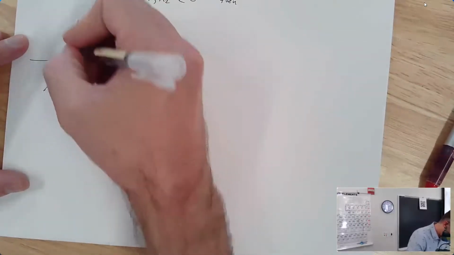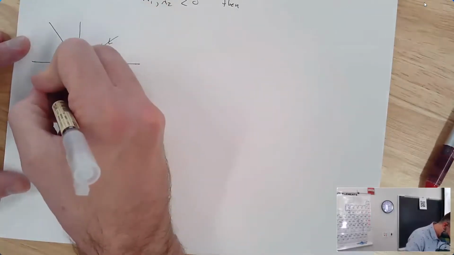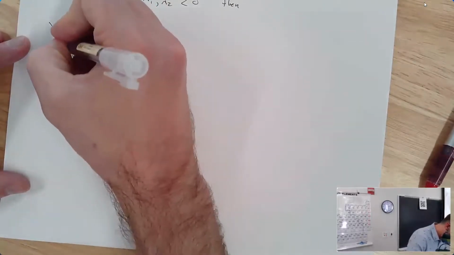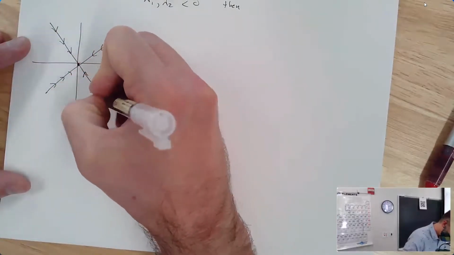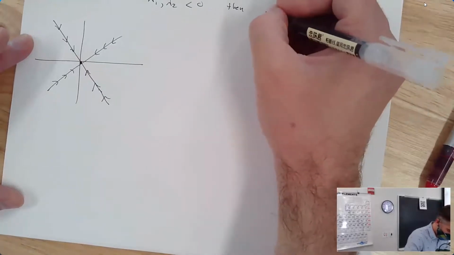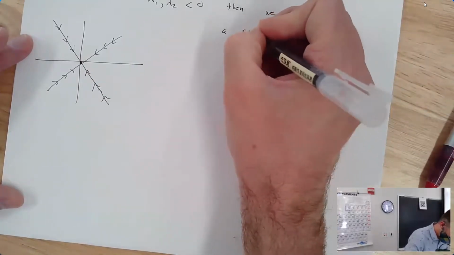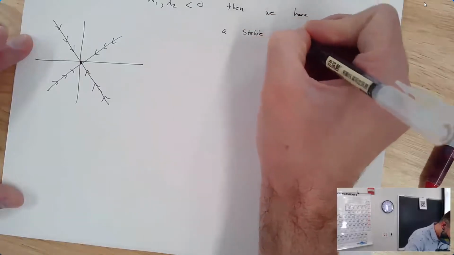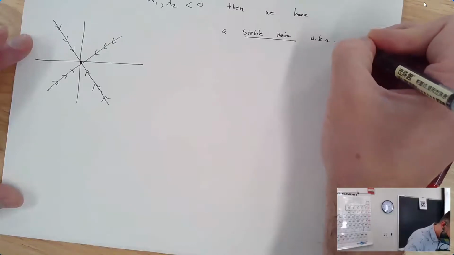There are our eigenlines again, but now everything is pointing inwards. So we have what we call a stable node, which is also known as a sink.